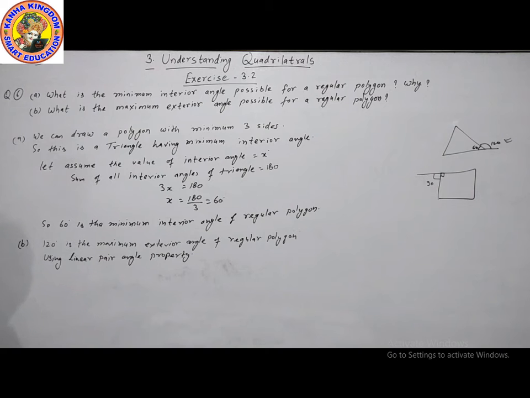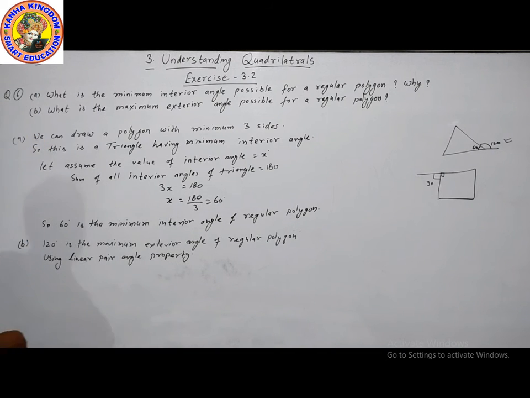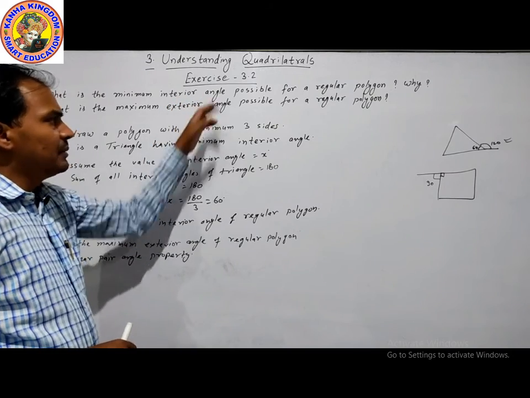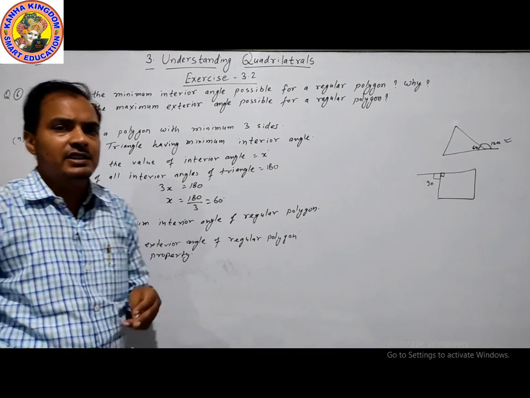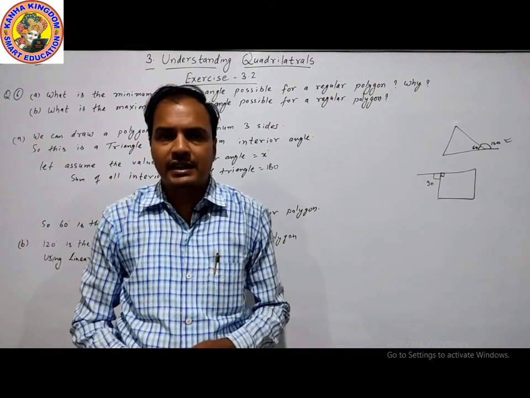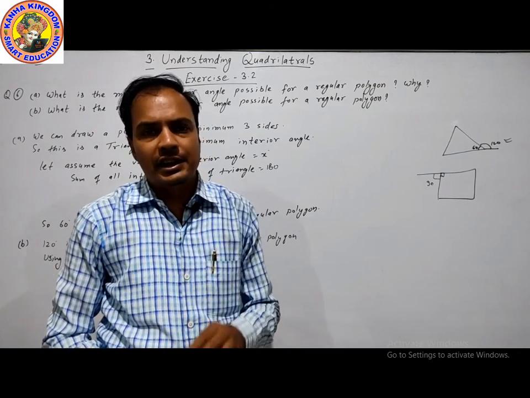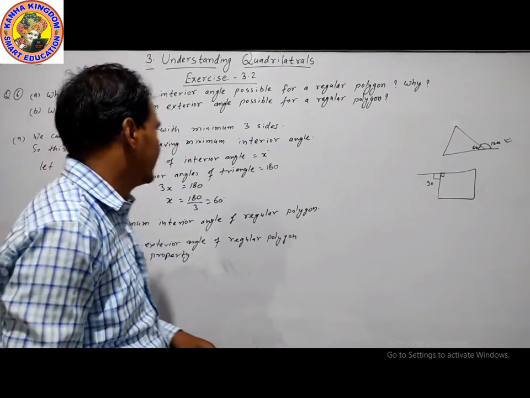Now let's take beginning from this question. What is the minimum interior angle possible for a regular polygon? Minimum interior angle means minimum number of sides. The minimum number of sides to draw a regular polygon is 3. We cannot draw a polygon with 2 sides. So this is a triangle.